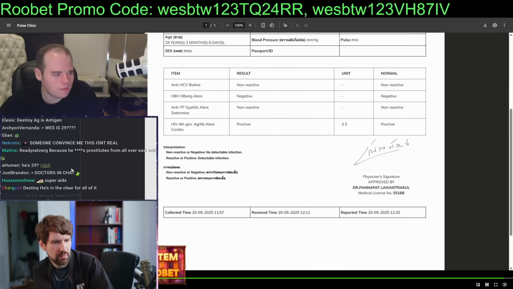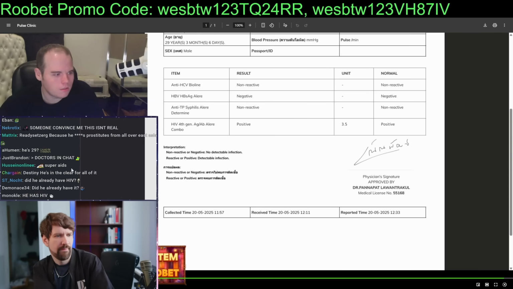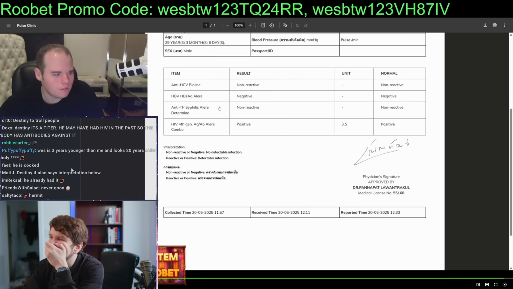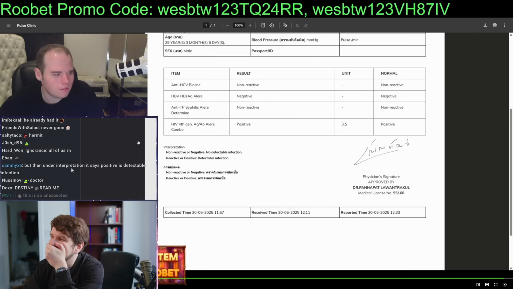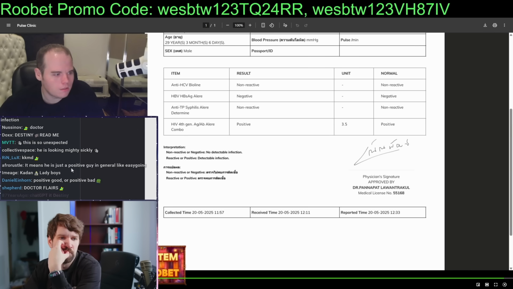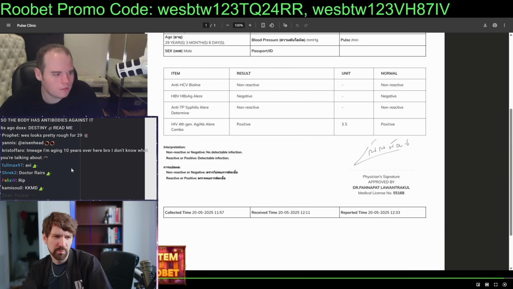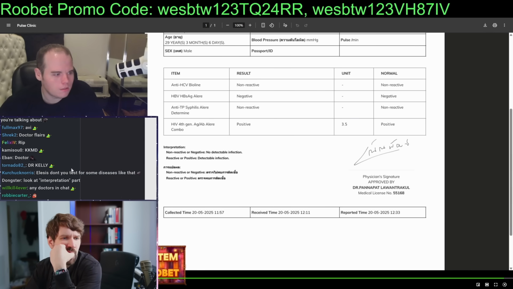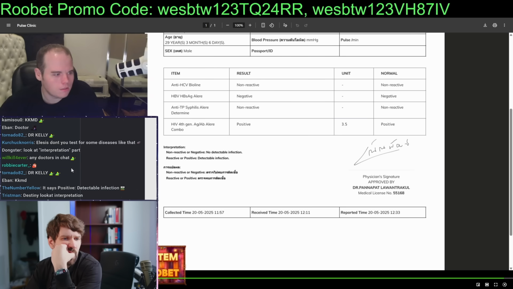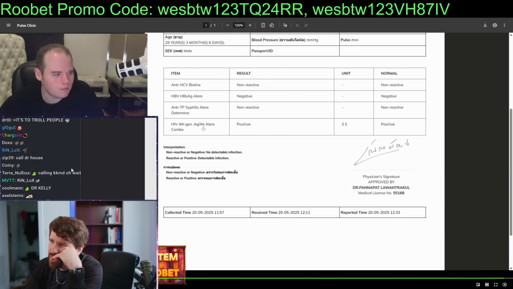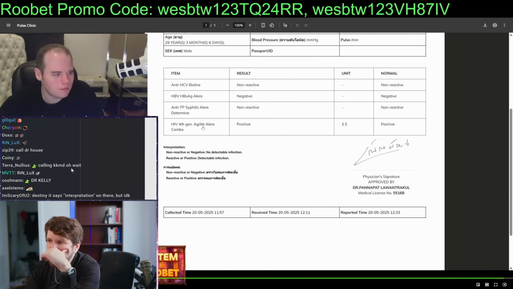Who reads these? It's a titer. You may have had HIV in the past. Yeah, I think this AGAB stuff is usually a type of antibody.